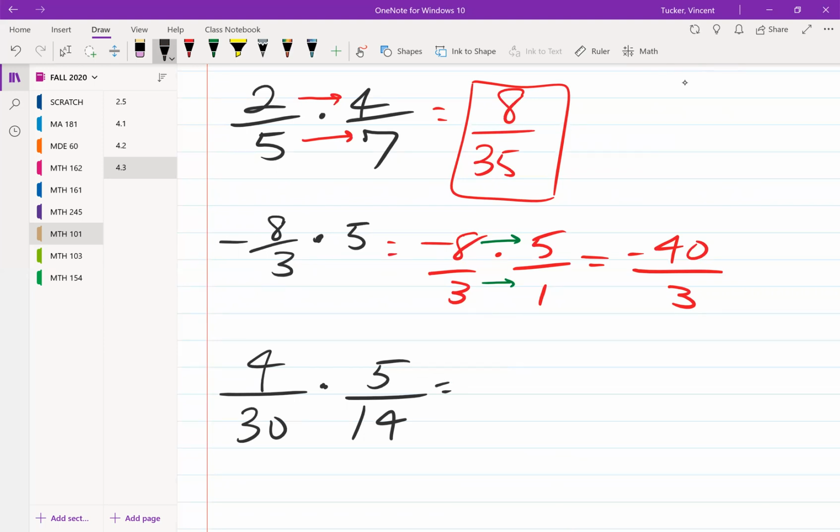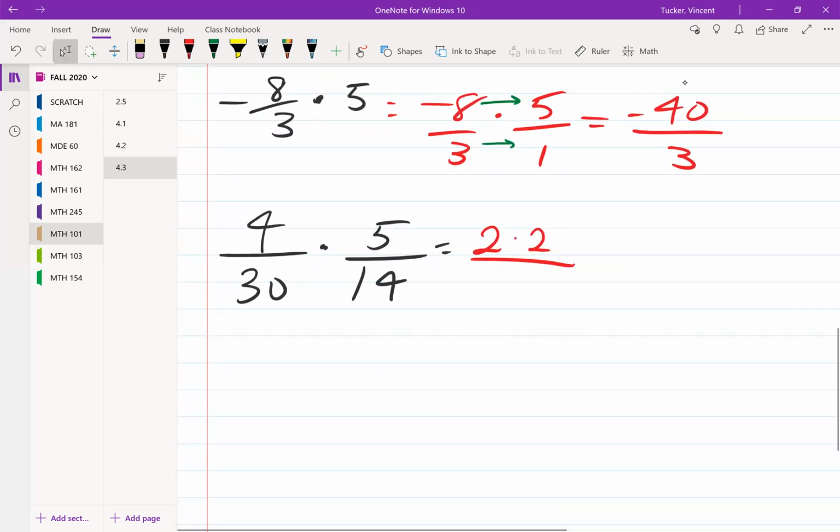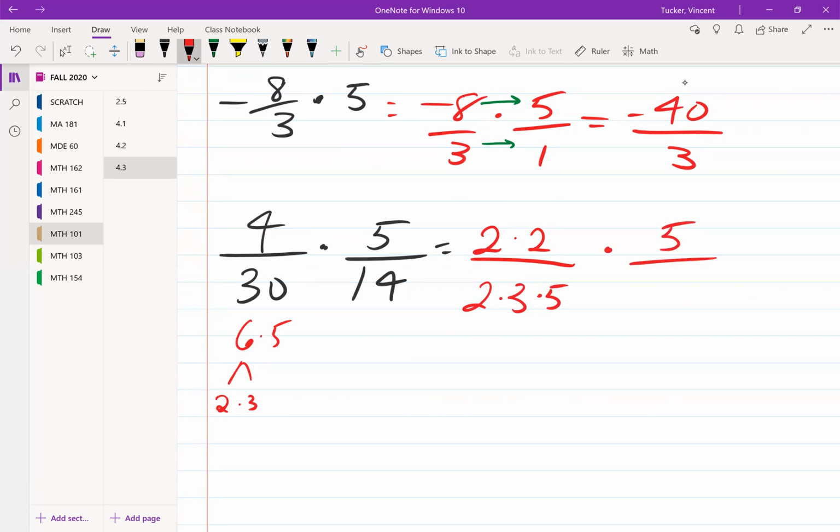So here's where you would start writing these numbers as prime numbers, or at least if you don't write it, you're processing that in your mind, so that you know that you have to cancel out something. So 4 is 2 times 2. 30 is 6 times 5, and you can break up that 6 into 2 times 3. So that's 2 times 3 times 5. 5 is a prime number. 14 is 2 times 7.